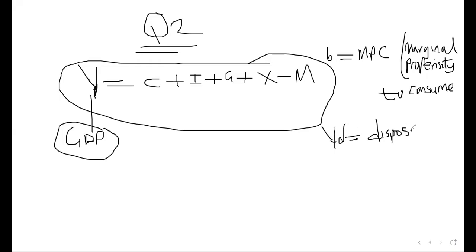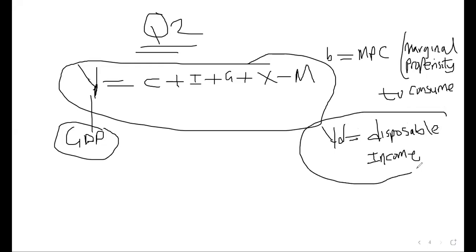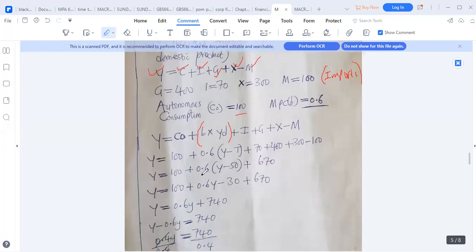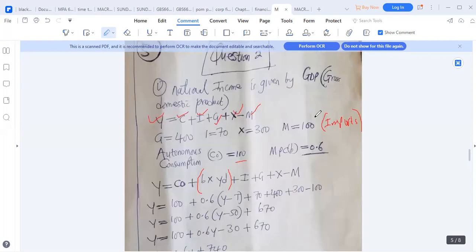So we can go back and simplify. We have the government expenditure, the investment, the exports, the imports, the marginal propensity to consume, the autonomous consumption. So substituting here, national income is given by that.